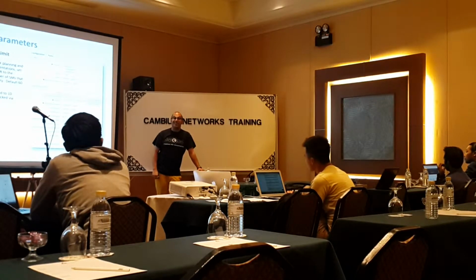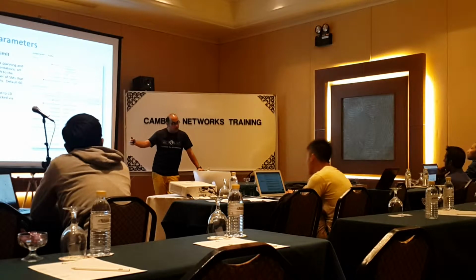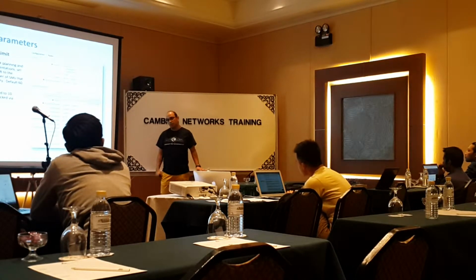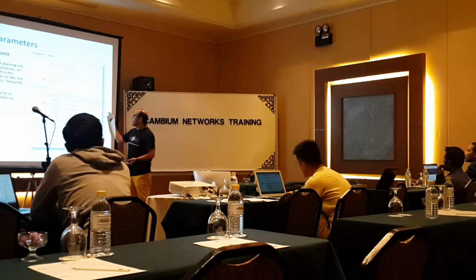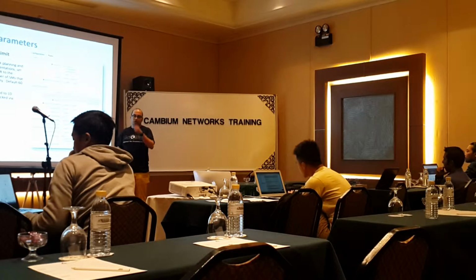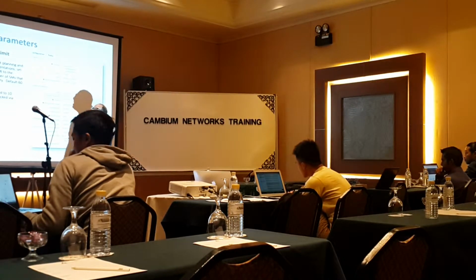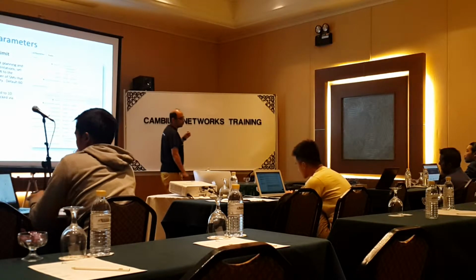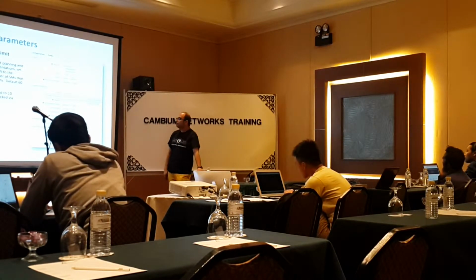So when you have 10 clients, for each client you are giving them 20 meg. As you increase the number of clients, the amount of bandwidth per client comes down. Also, by adding more clients, you are increasing the CPU usage of your device. So not more than 60, or maximum 70 SM connections, is recommended on the AP side.